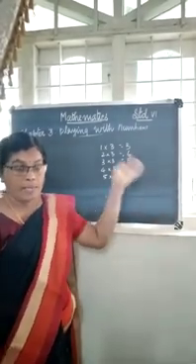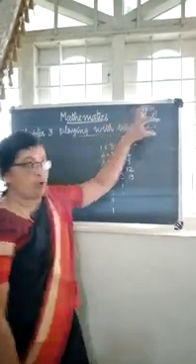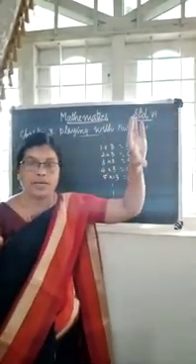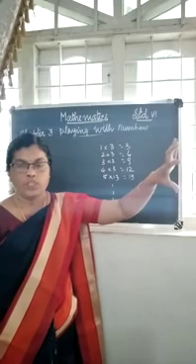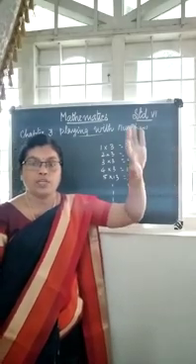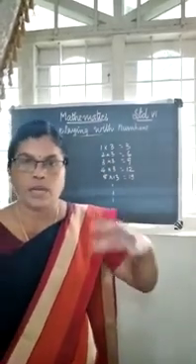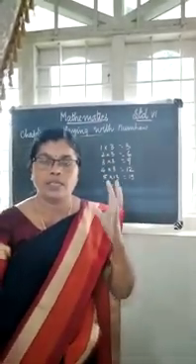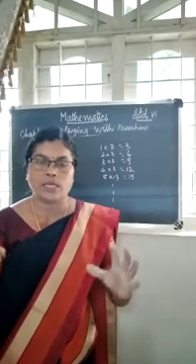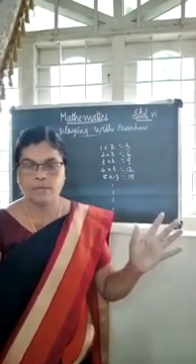So the multiples start from, which is the smallest multiple? The number itself. Whichever number we ask, that number's smallest multiple will be the number itself. If 3's multiple is asked, then the smallest multiple of 3 is 3 itself. Right?